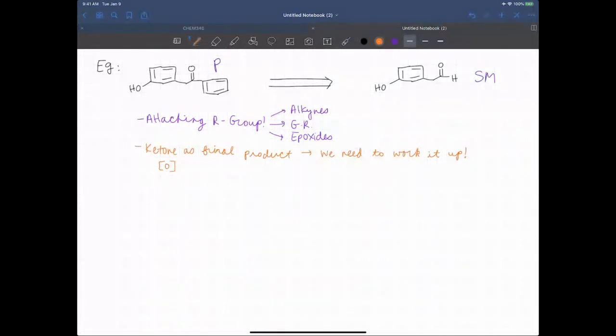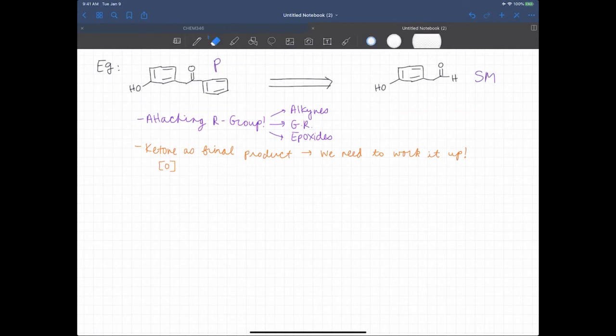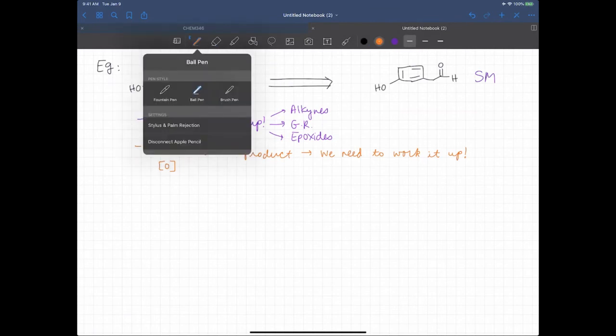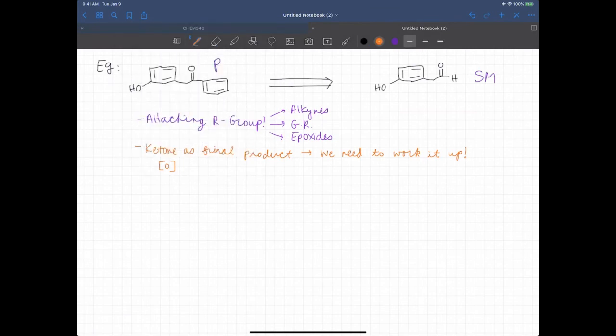By the way, did you guys learn this thing called TEMPO or Dess-Martin periodinane, DMP? Did you guys learn these as oxidizing agents? Since you were not taught that, I'm not going to mention those. But even if I did, they're just two other ways where you can work up an alcohol into a ketone or an aldehyde, but you don't need to know the mechanism for that. It's in your book, by the way.